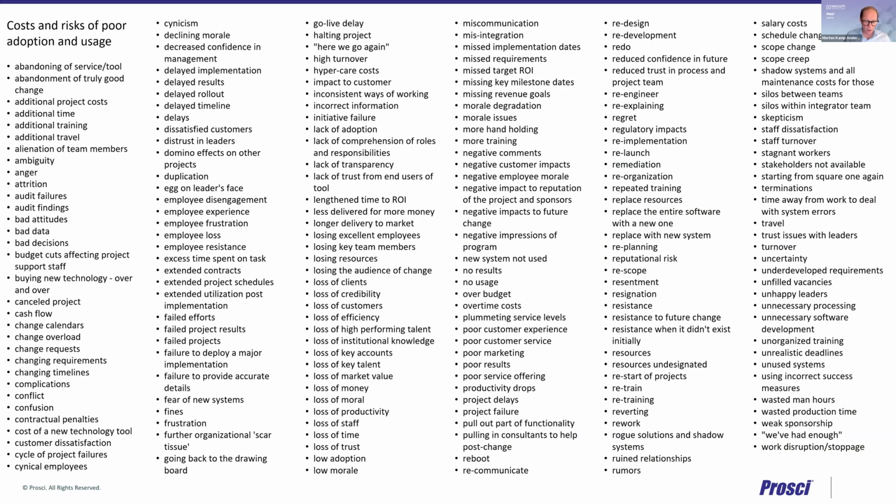This is in your slide deck already when you get it, so I won't go through it, but this is a laundry list of these costs and risks that we've been able to source from our practitioners through the years in sessions just like the ones you're participating in right now. We have attrition, delays, loss of productivity, no results, resistance, skepticism. There are a lot here, and I'm sure you will recognize many of them as you go through this.